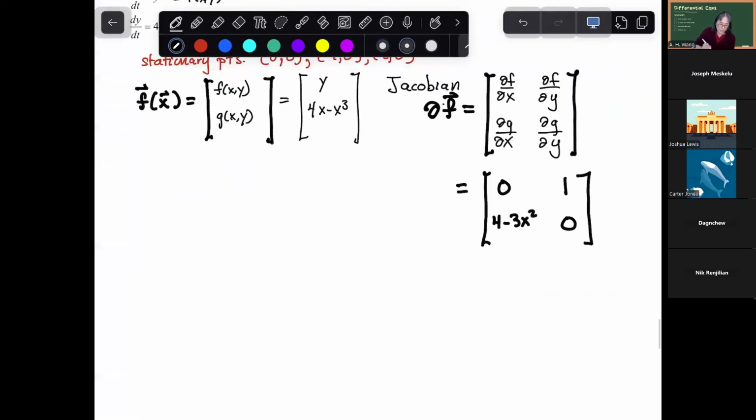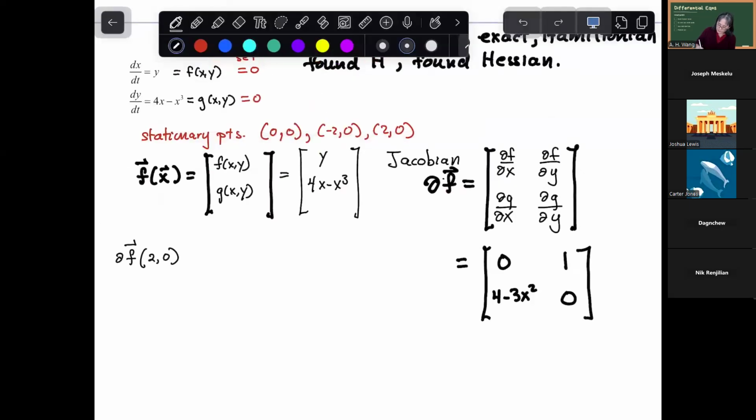So we start off, and I'm going to go ahead and do the harder one, because sometimes the easier one is a little too easy, and it's so easy that it becomes hard. So instead of doing (0, 0), I'm going to do (2, 0). I'm going to do this one first. So we're going to find the Jacobian and you plug it in.